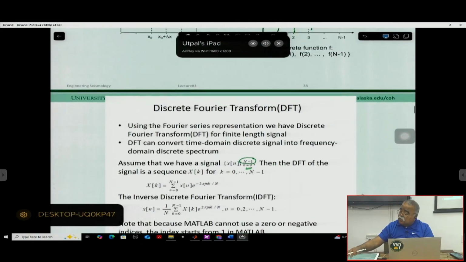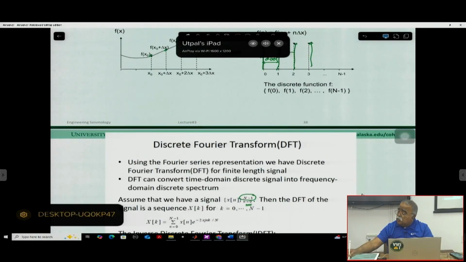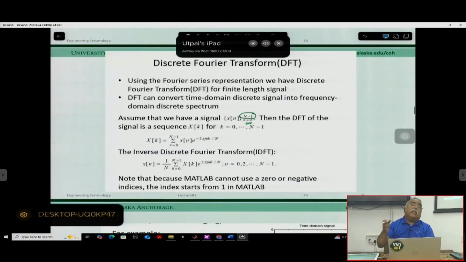Let us assume that we have samples 0, 1, 2, 3 up to N minus 1. So 0 to N minus 1 means actually taking the 0 also into account, so we will have N number of samples. N, the capital N, is the number of samples.